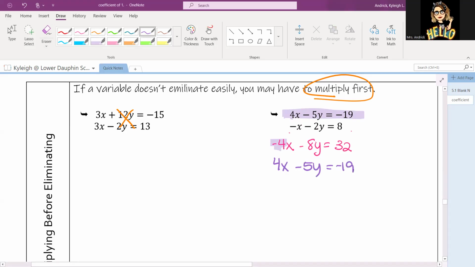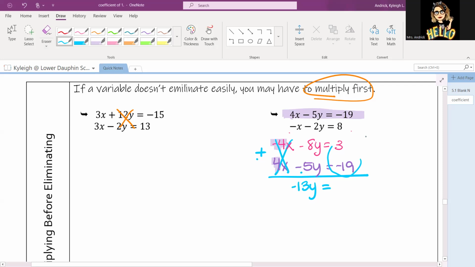Once I have the same number but opposite signs, we simply add these up. So my 4x's cancel. -8 plus -5 is -13.